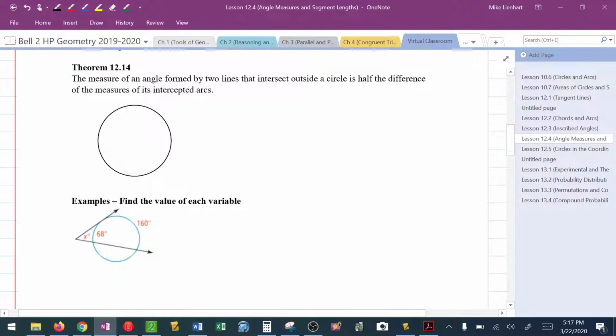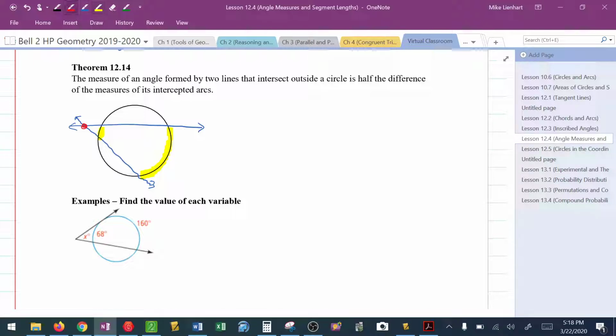The next theorem says, what if the angle is formed by something outside? So the vertex is now outside. Let's say, for example, we have a secant and we have another secant. That's telling me that the vertex is right there. Now, this also has two intercepted arcs.